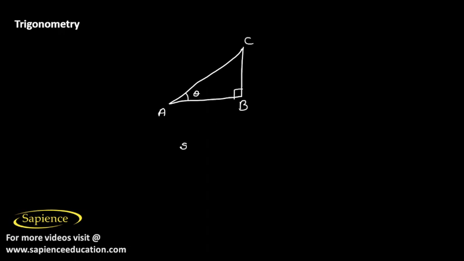So we can say sine of theta is equal to the side that is opposite to the angle. So opposite to angle theta is the side BC, divided by the hypotenuse. So opposite side divided by hypotenuse.